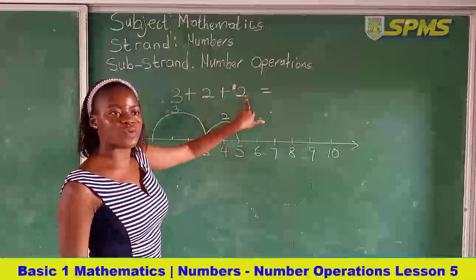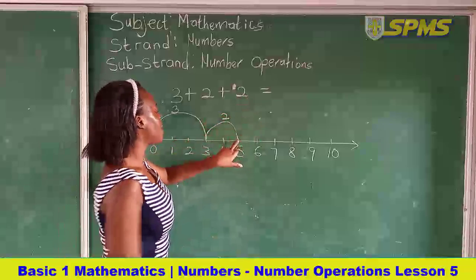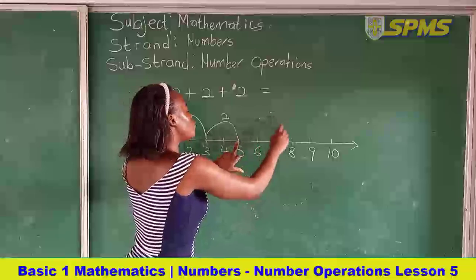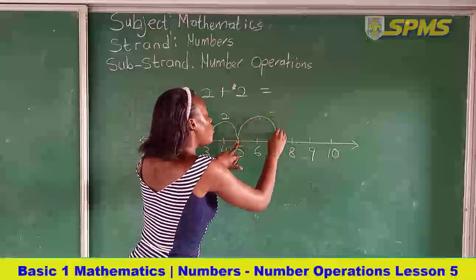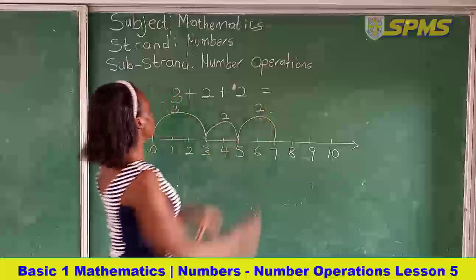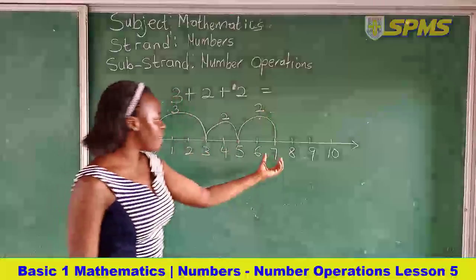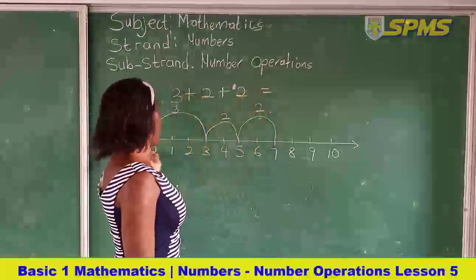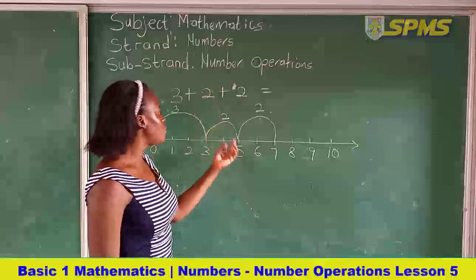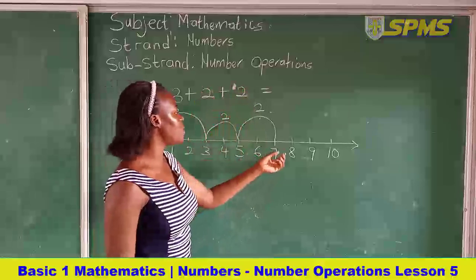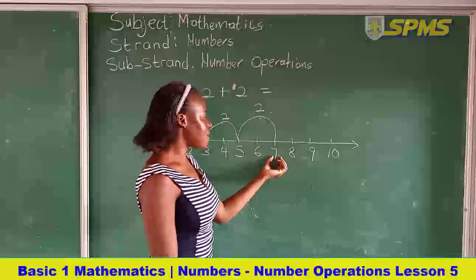Then the next number is 2. Let's count 1, 2. I'm moving to this number. So what did we get here? This is the end of it, because we have our 3 here, our 2 here, and our 2 here. So what is the last number? 7.